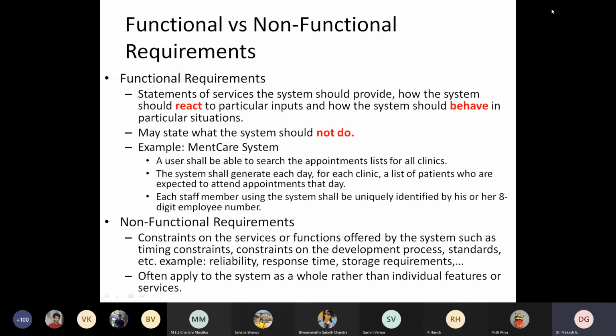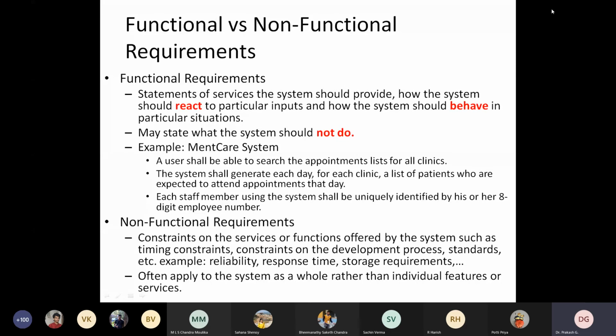That is not considered a functional requirement, but it is a non-functional requirement. Reliability of the system, response of the system, storage of the system: all are non-functional. These non-functional requirements are generally applicable to the entire system as a whole, whereas functional requirements represent each and every module, each and every feature.